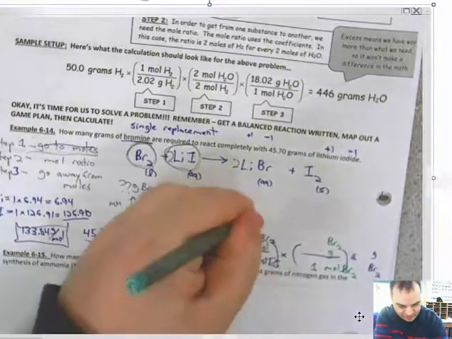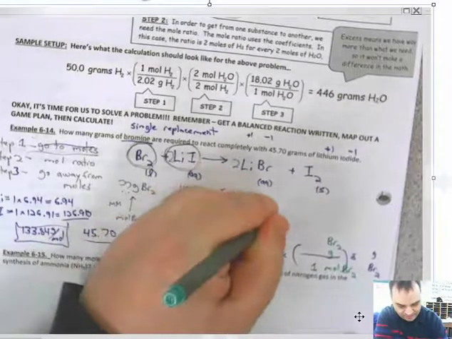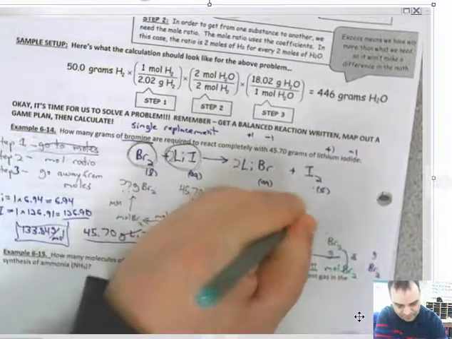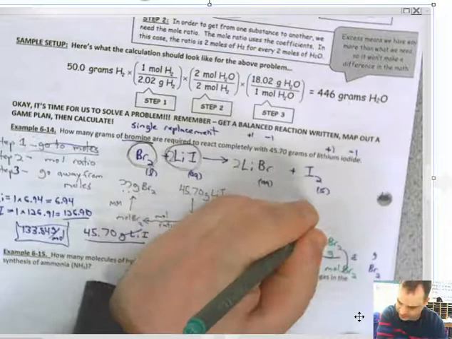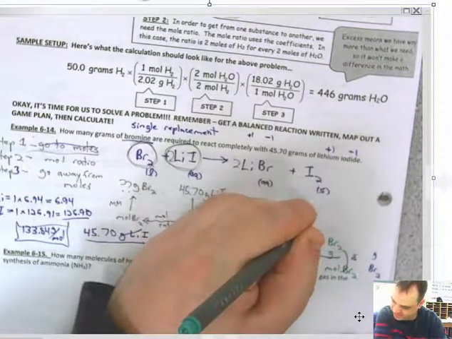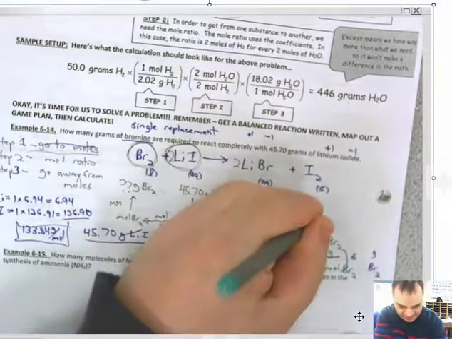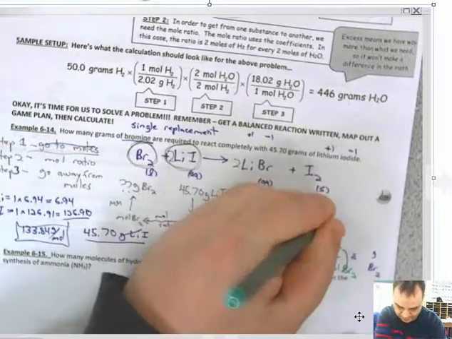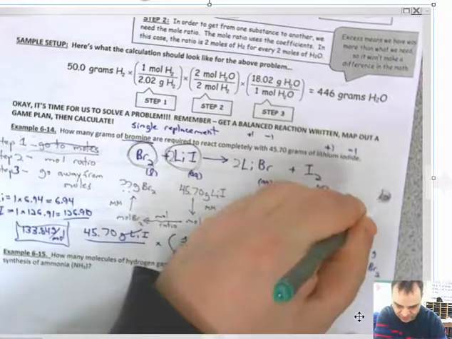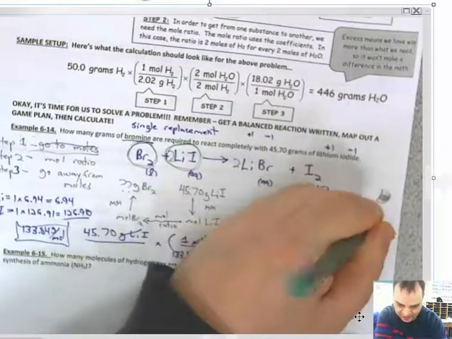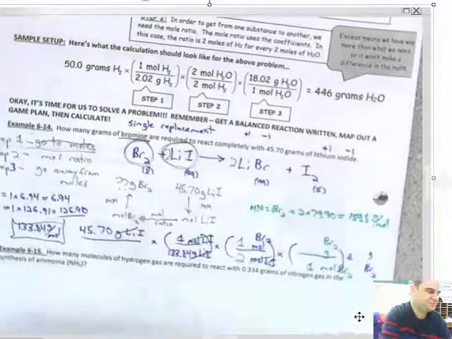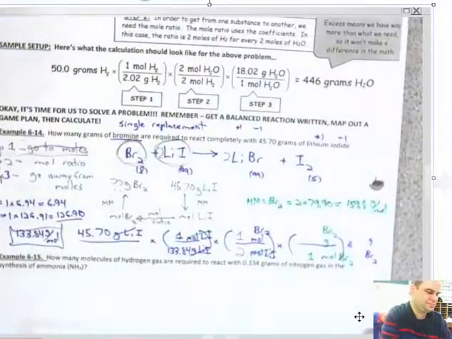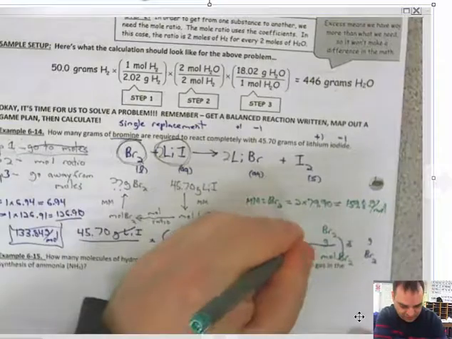Oh, we got to use that molar mass of bromine, of course. Just 2 times 70.90, which is 159.8 g/mol. That number goes right here.